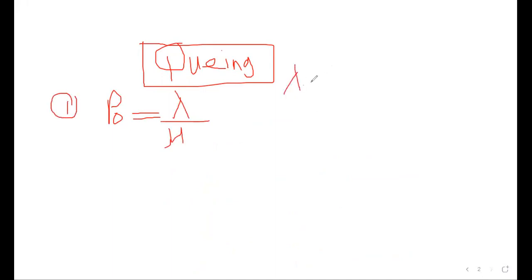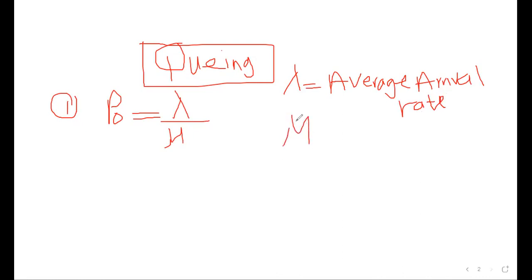So our lambda is the average arrival rate. Then mu is the average service rate.